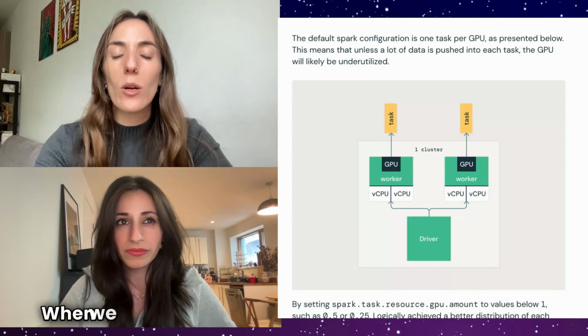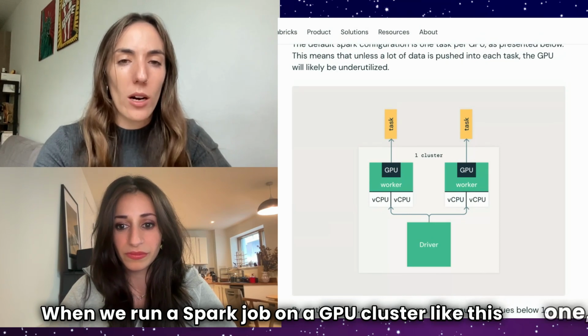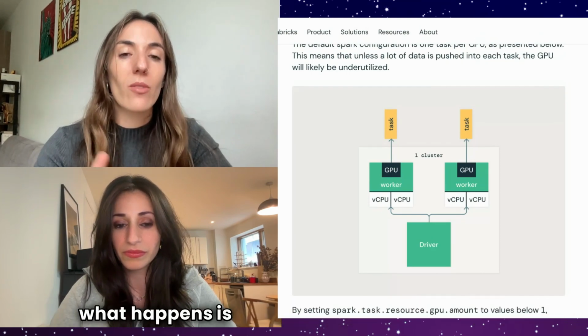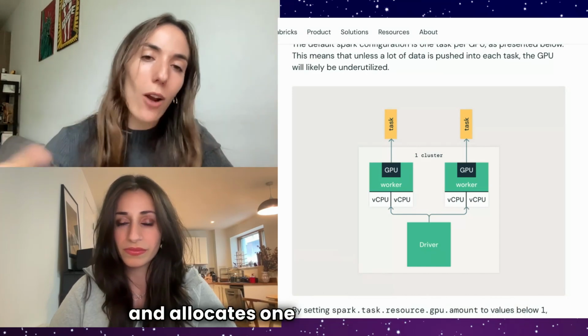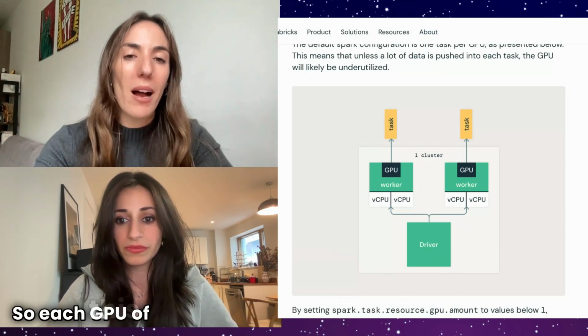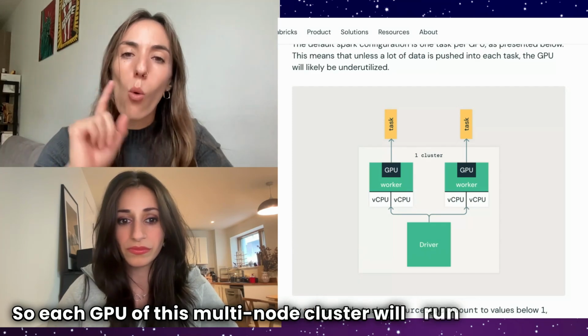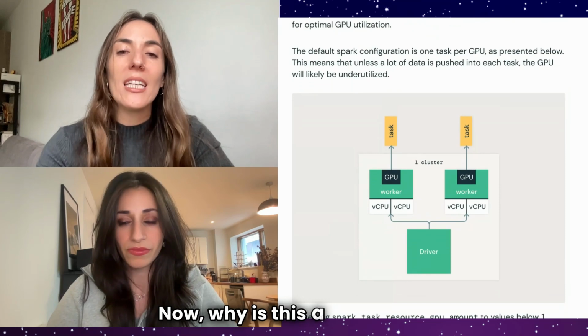compute. When we run a Spark job on a GPU cluster like this one, by default, Spark creates and allocates one task in each GPU. So each GPU of this multi-node cluster will run only one task. Now, why is this a challenge?